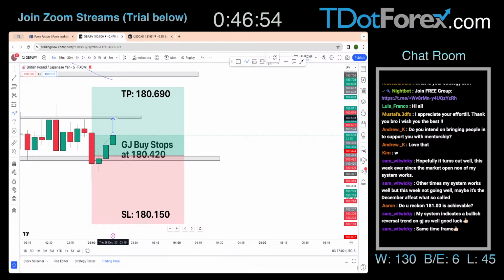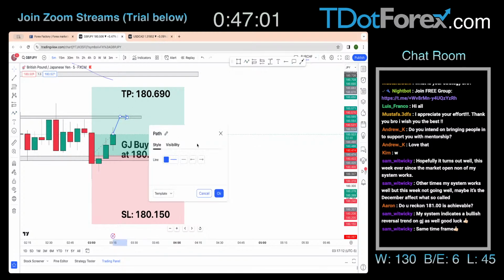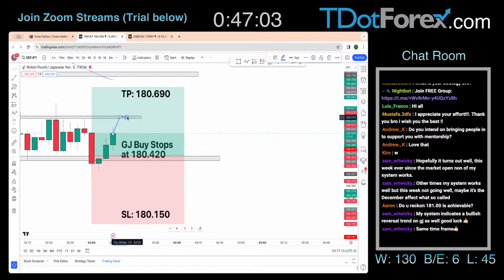If it can reach this level here, that's where I'm going to consider adjusting stops into profit and taking some partials here. Can it reach this level here? I believe it can. We'll see.